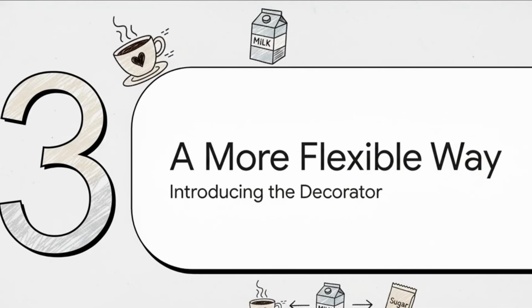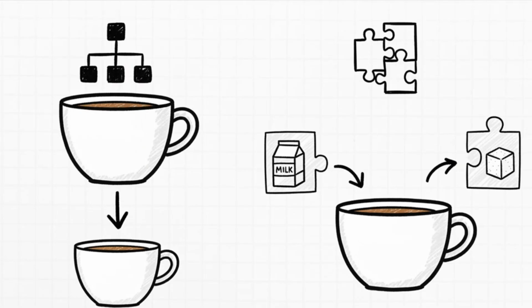Clearly, that approach is a dead end. We need a better way. We need a way to add features to objects dynamically without creating this brittle, explosive class structure. And that is where the decorator pattern makes its grand entrance. The whole secret, the big mindset shift, is this core design principle.